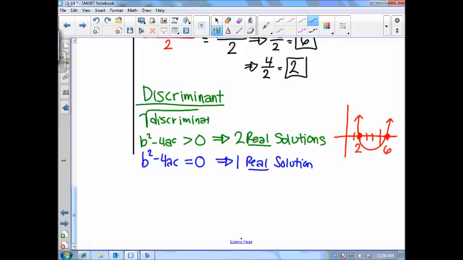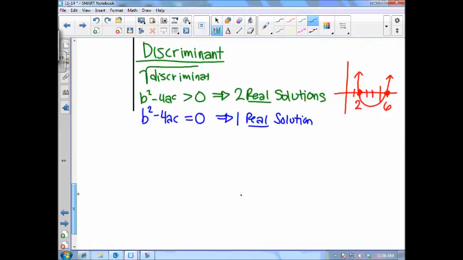So that would look like, if the graph can only touch the x-axis once, that quadratic would look something like this. If it opens upwards, it would come down, it would hit the x-axis and bounce right off. It would mean the vertex was on the x-axis.